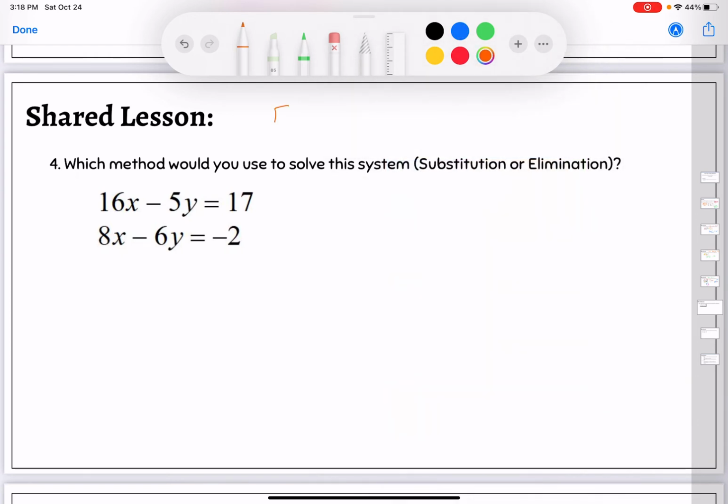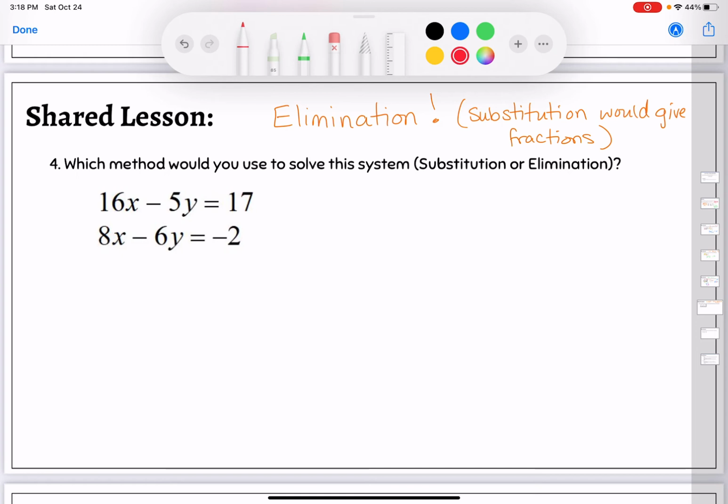Now, it's not going to be ready right away, but I want to use elimination and make opposites because substitution would give me fractions, and I don't want that ever. So whenever you kind of just scope it out and you say, whoa, there's no way I could do this without getting fractions, do not use substitution. No way. The chances that you get a right answer when you have fractions going on, oh, so slim.